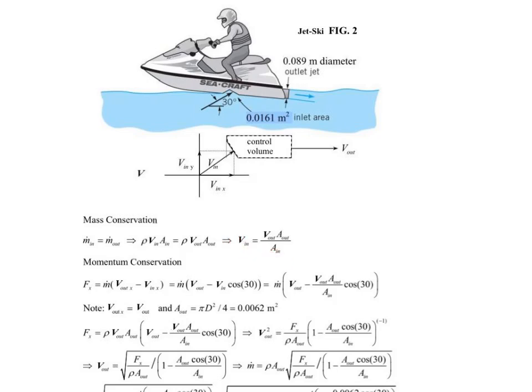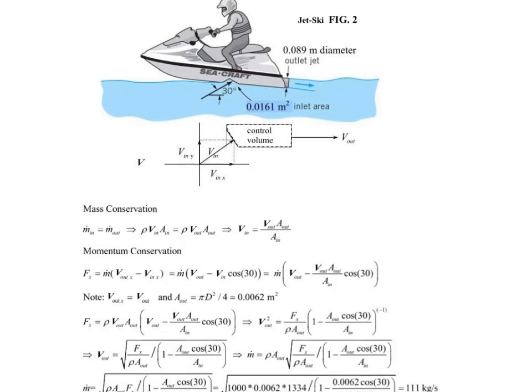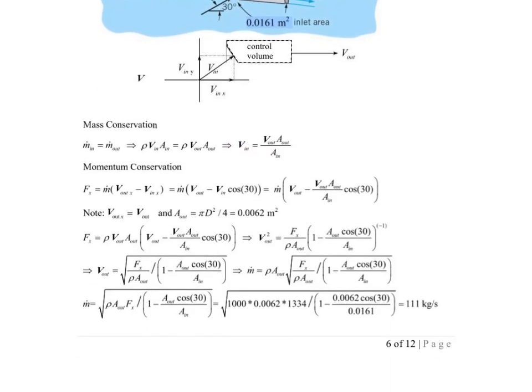Now, the conservation of momentum equation at first looks a bit scary, but it's our old friend, the momentum force: Fx is equal to the mass flow rate multiplied by the velocity leaving in the x direction minus the velocity entering in the x direction.